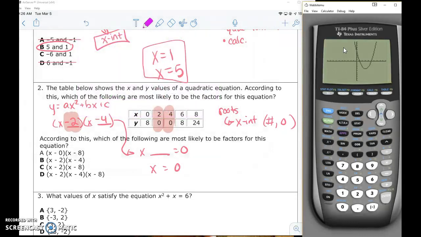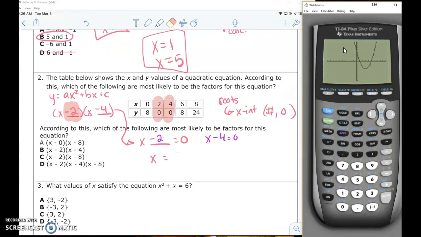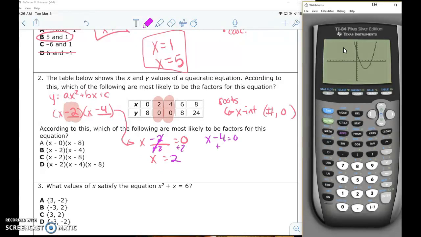This ensures that if we were to solve each of these equations, x minus 2 equals 0, and x minus 4 equals 0, that we would get x equals 2 and x equals 4 for our roots, for our x-intercepts. So I need x minus 2 and x minus 4 for my factors. That would be option B.